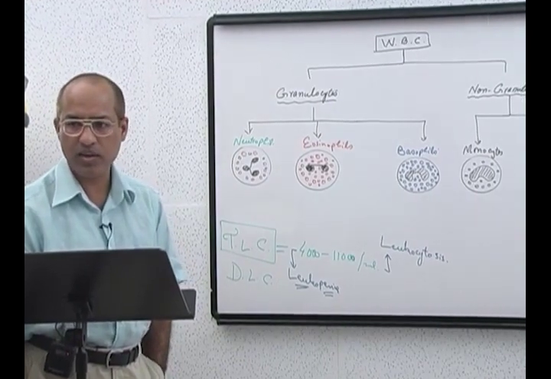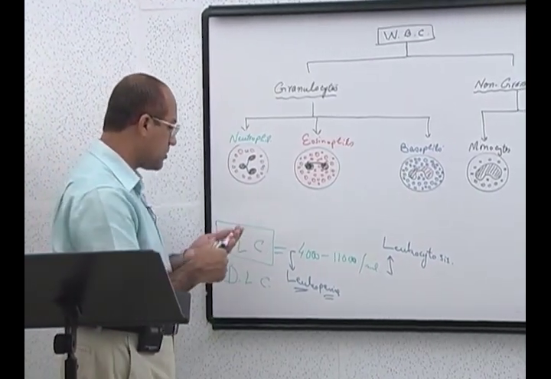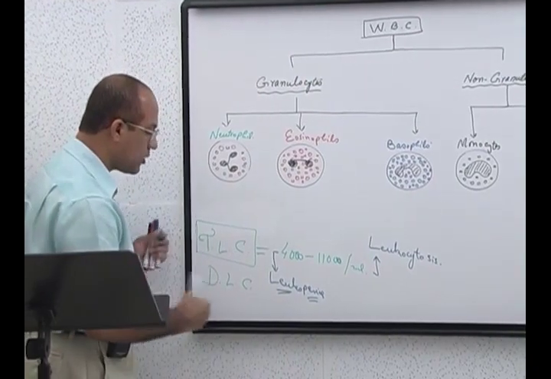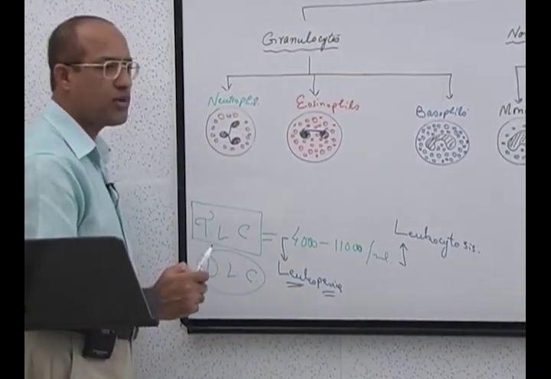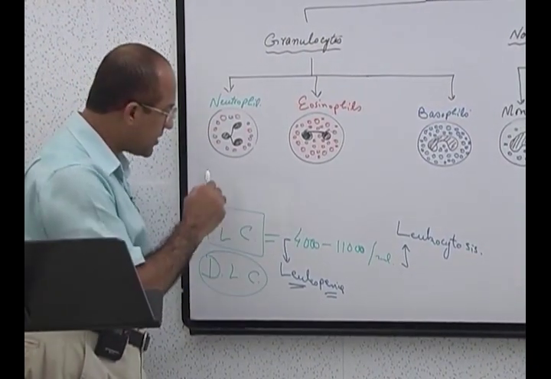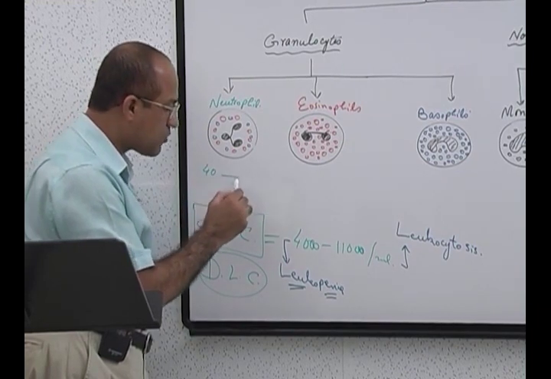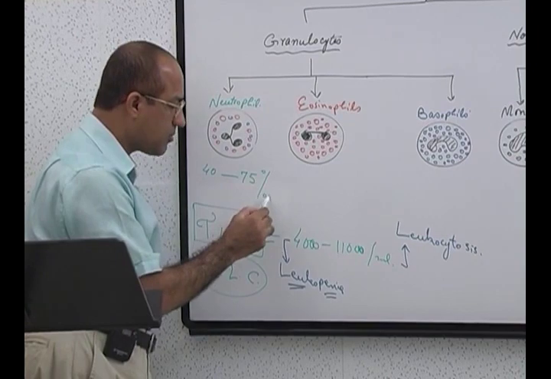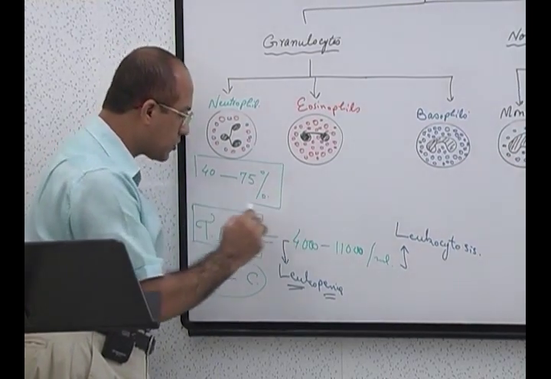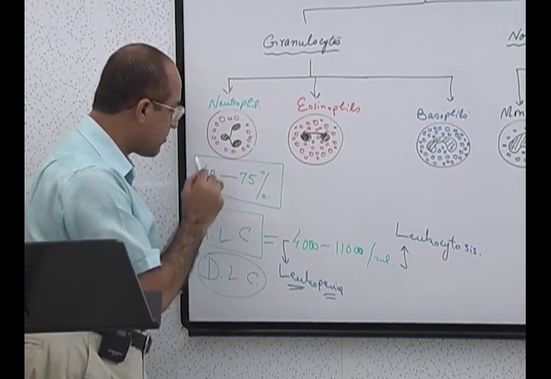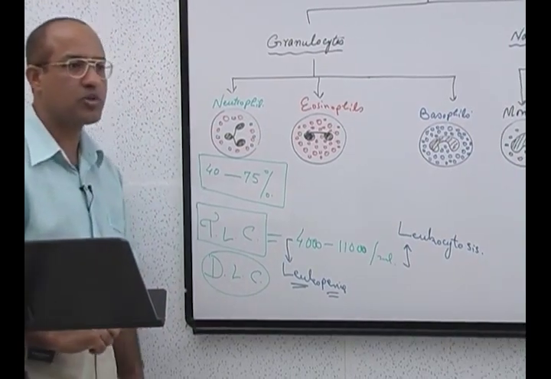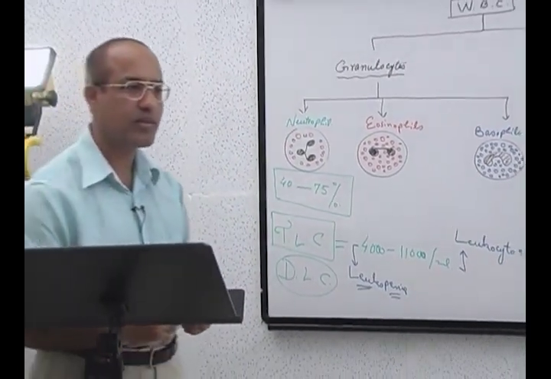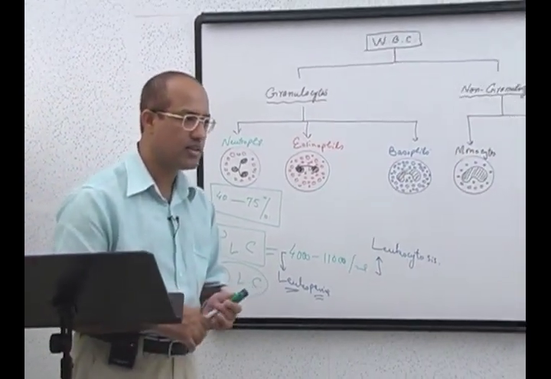So in DLC, neutrophil percentage in a normal person is somewhere between 40 to 75%. In a normal person's blood, neutrophil count should not be less than 40% and not more than 75%. This is percentage.